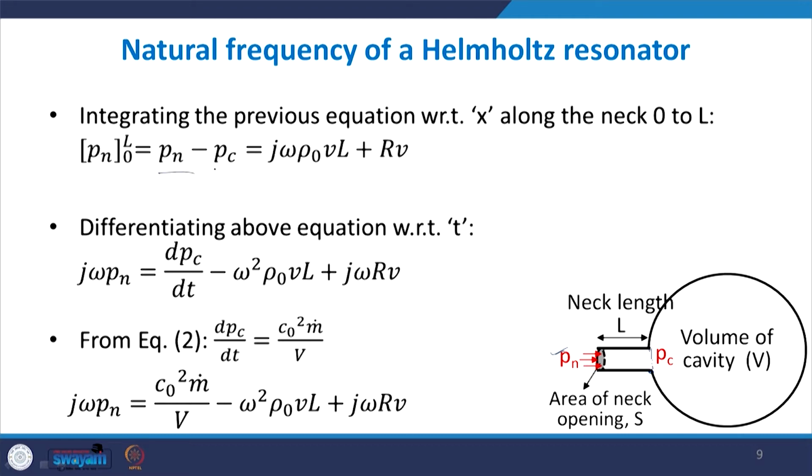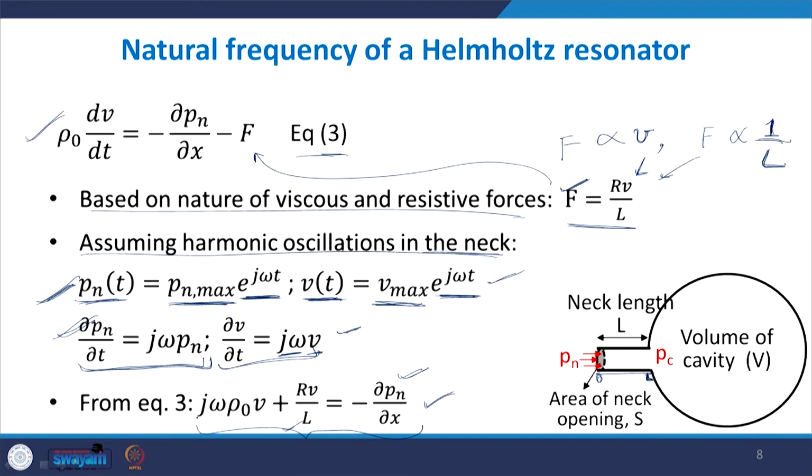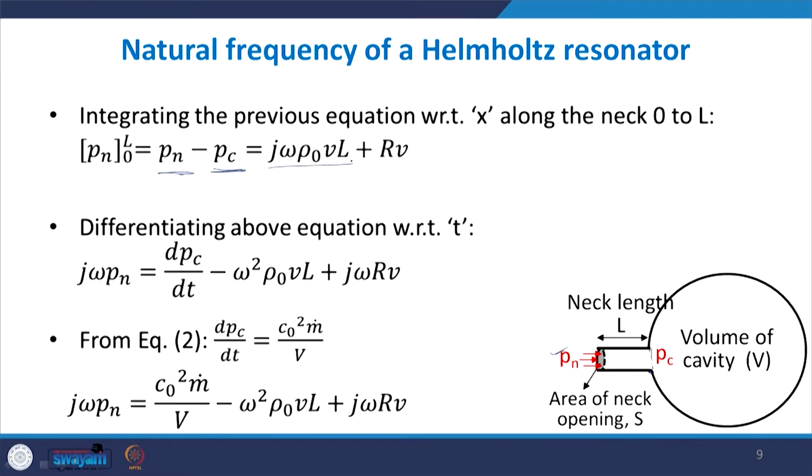So, Pn minus Pc upon integrating along the length of the neck is going to be j omega rho naught V, with this expression also integrated from 0 to L. So, this is the ultimate form we are getting.